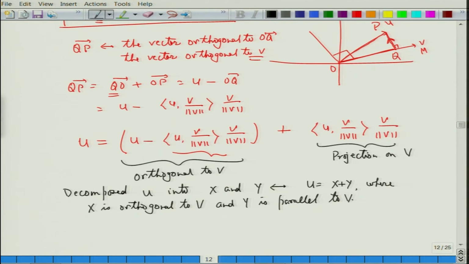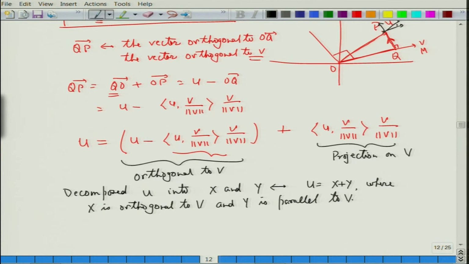So my process has been very simple, that I wanted a projection onto v. I have given a vector u, I have given a vector v, I want the projection of u on v. Fine. Looking at projection on u and v, I have to look at something which is parallel to this, and something which is perpendicular to this. So this was the angle theta, you are looking at u cos theta and u sin theta.